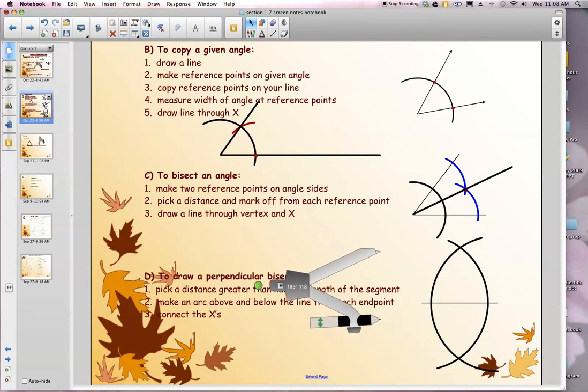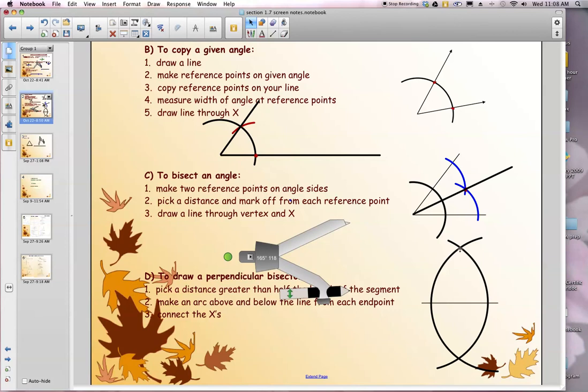And if I move my compass out of the way, you'll see that there's an intersecting point above, an X above, and an X below. If I now take my straight edge and draw a line, the line that goes through those 2 constructions, here and here, this line will cut this segment in half.